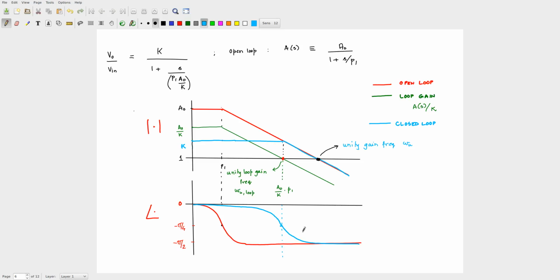Okay, what has happened now to the bandwidth? So I am going to look at open loop and closed loop. What are the quantities I want to look at here? Let me look at DC gain. Let me look at bandwidth.